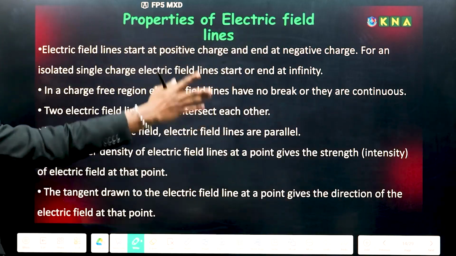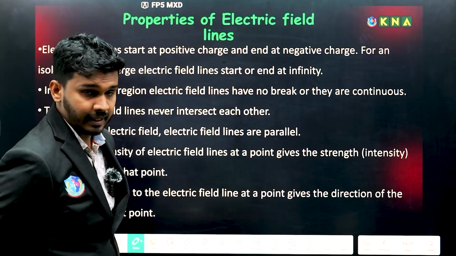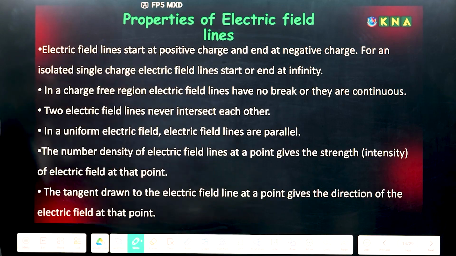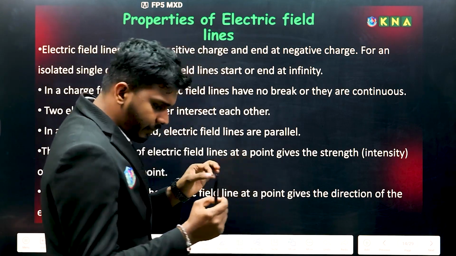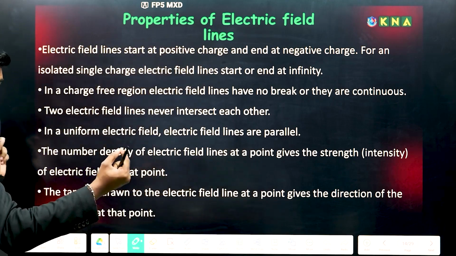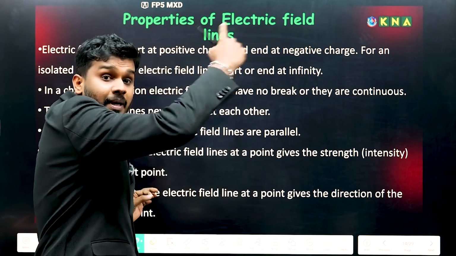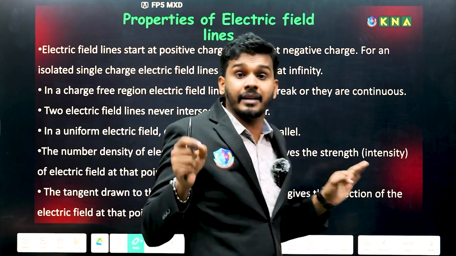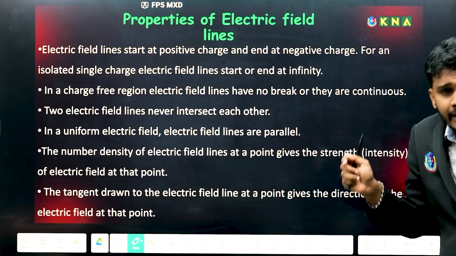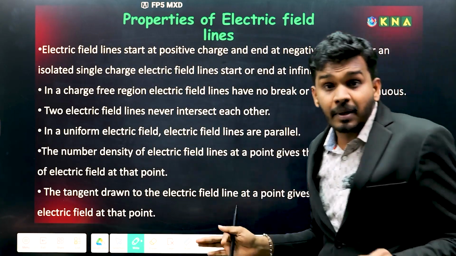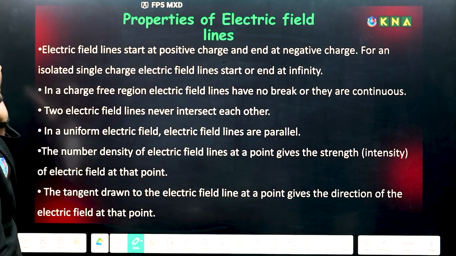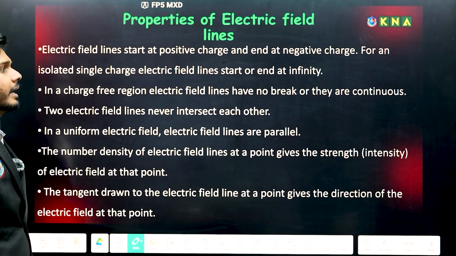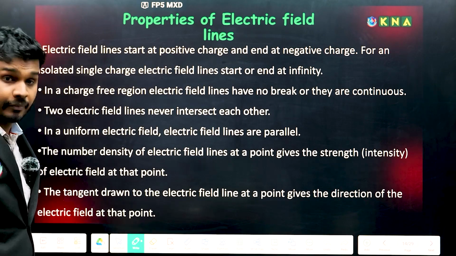Then what are the properties of electric field lines? Electric field lines start at a positive charge and end at a negative charge. For an isolated single charge, the electric field line starts or ends at infinity.